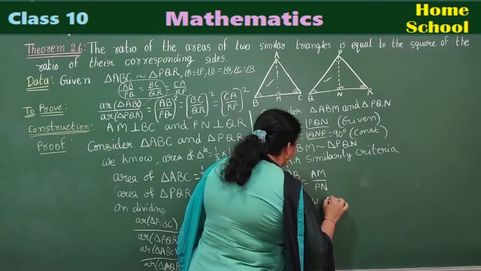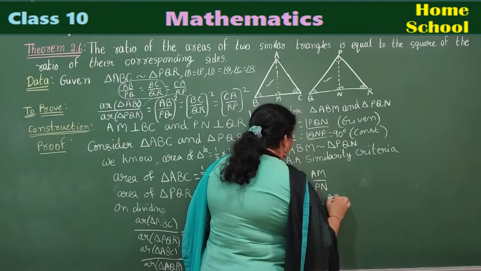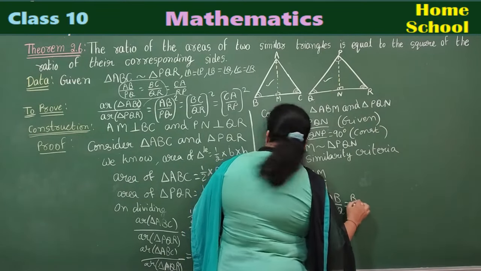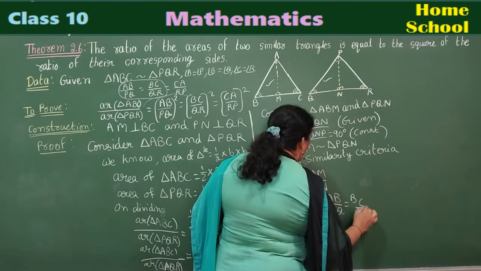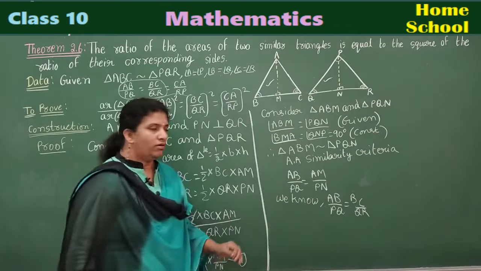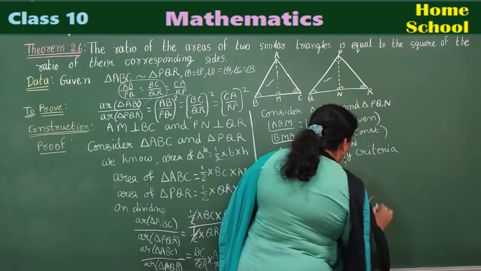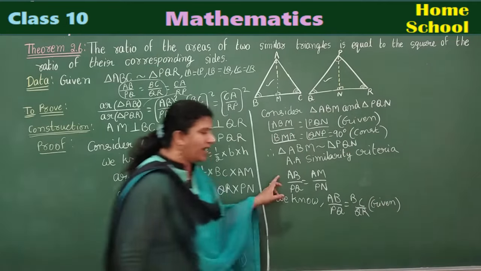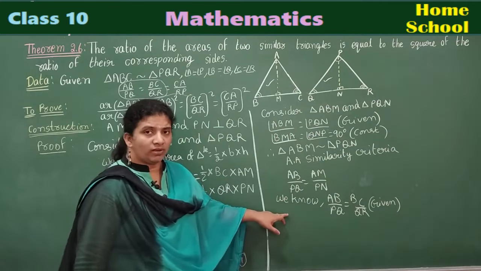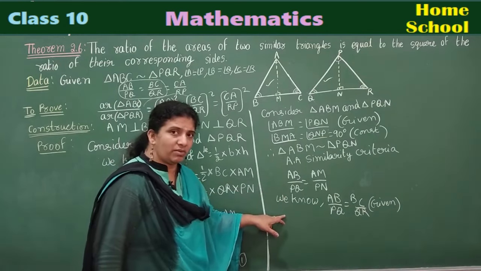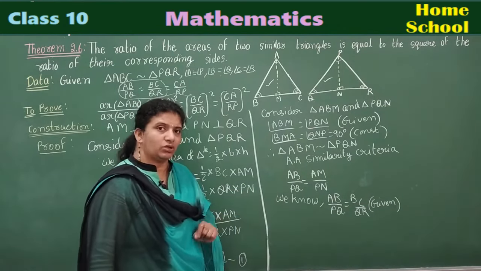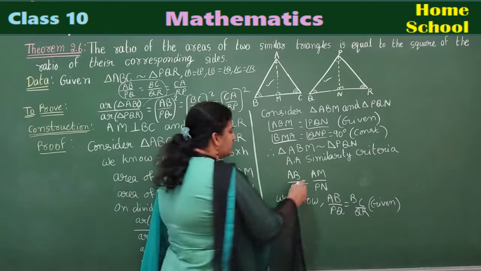We know by the given data, AB by PQ is equal to BC by QR. So, how we are writing this, children? By the given data we know. Now compare these two. What do you remember? Your axiom 1 you remember. What is that? Things which are equal to the same thing are equal to one another. So what you can say?